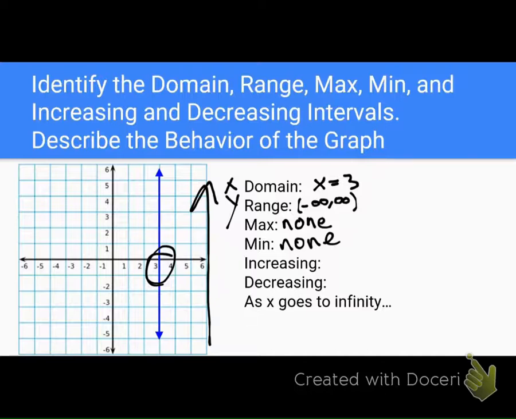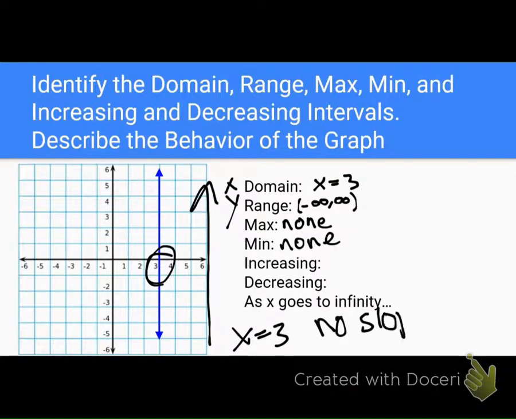Then I have increasing and decreasing. So if I'm standing on this, I can't really walk to the right, right? I can only walk up. So I actually am not increasing or decreasing. If we looked at this as the equation of a line, which would just be x equals 3, I have no slope, right?